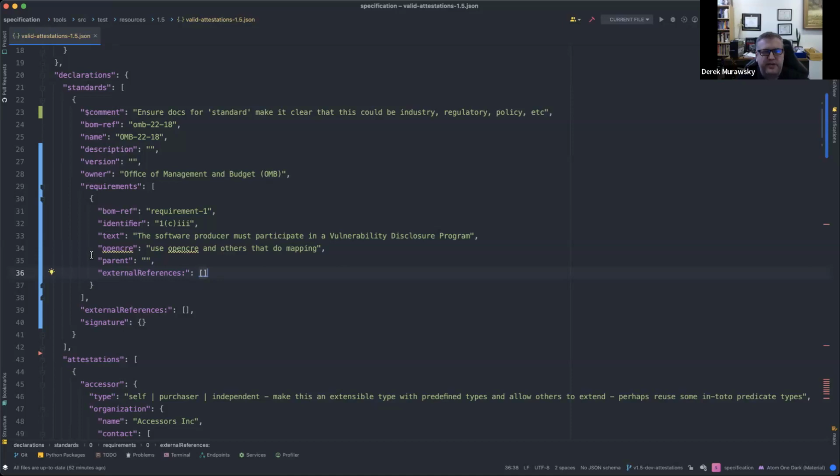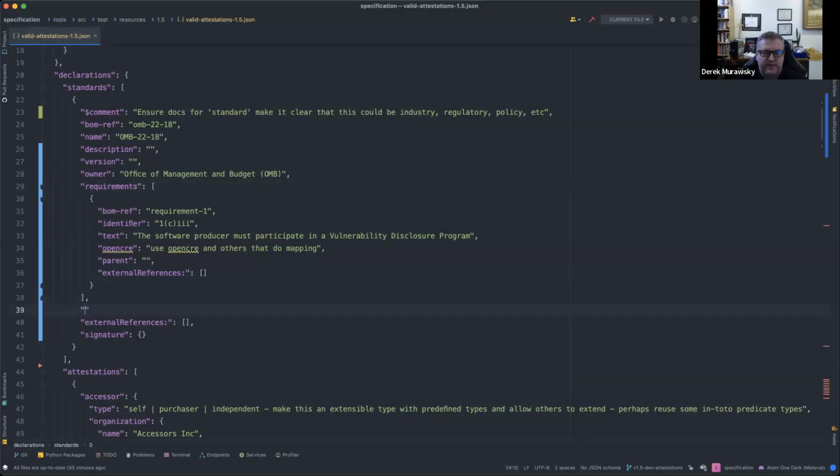And I wouldn't put it in the requirements themselves because this is a mapping of what requirements go to what level. If it's like SLSA, I need all of these requirements to meet level 1, these requirements to meet level 2, these to meet level 3, etc. So it's something that goes at the same level as requirements, a separate thing down there.